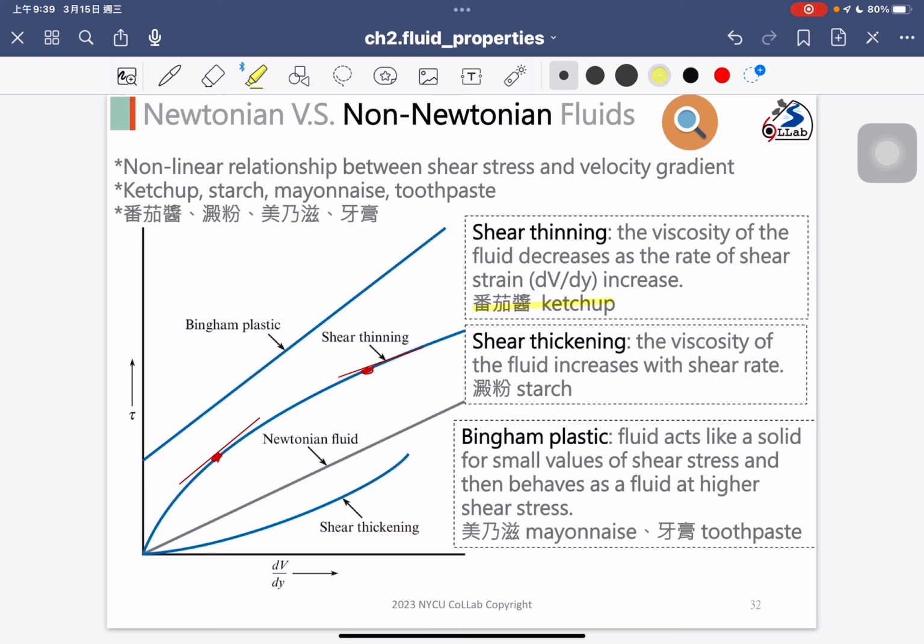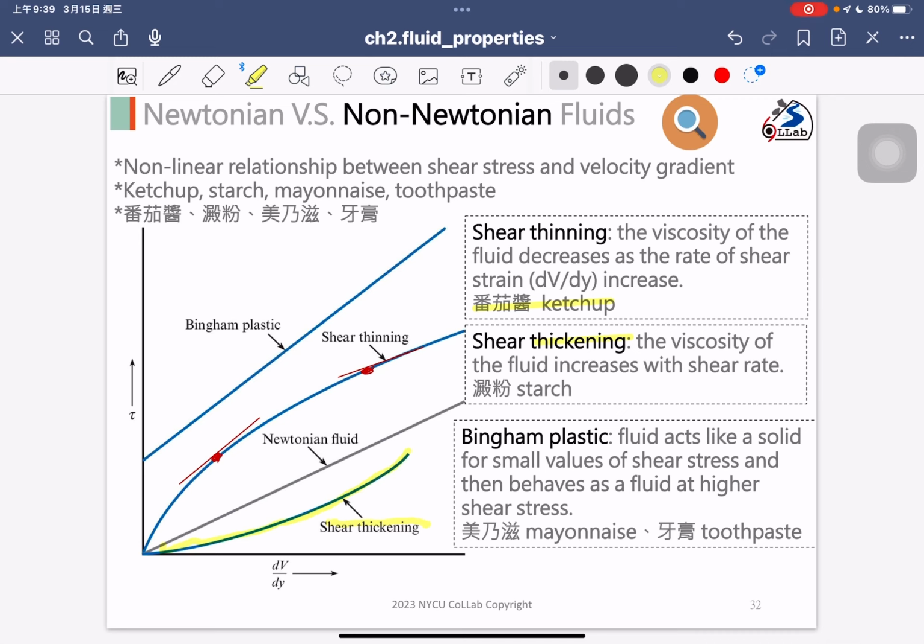Okay, and in the same idea, if we focus on the shear thickening, that's the curve in here. So you have another curve in here, and then you know that when the velocity gradient increases, the slope of the line will also increase.